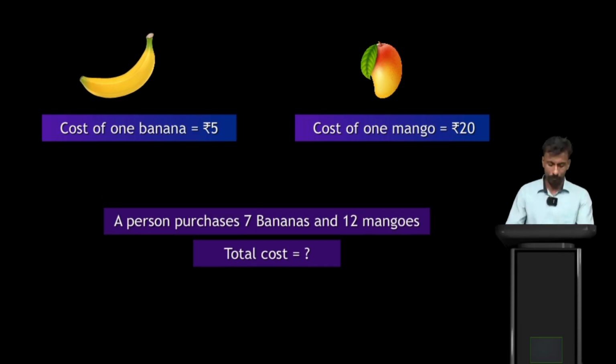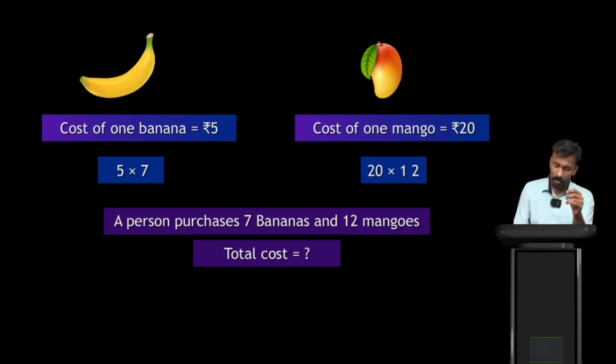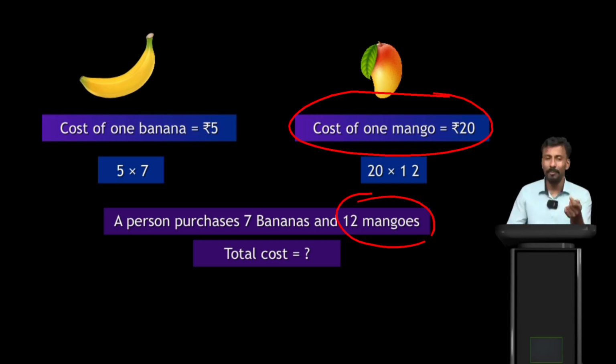Fine. So now look, how many bananas are there? 7 bananas. The cost of one banana equals rupees 5, so the cost of 7 bananas will be 5 multiplied by 7, or you can write 7 multiplied by 5 also. Now the cost of one mango equals rupees 20 and there are 12 mangoes, so we write 20 multiplied by 12.